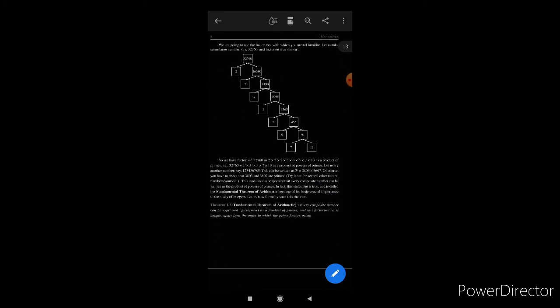We are going to use the factor tree, with which you are all familiar.